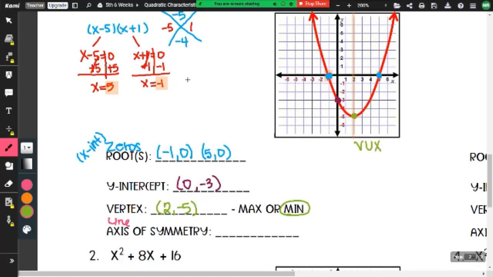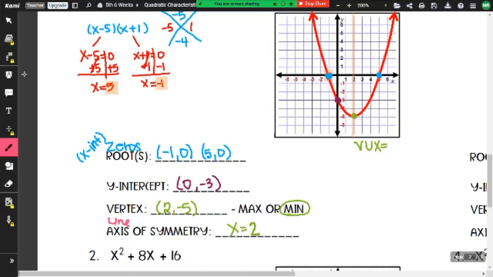Now the U in BUX stood for what? Well, what about the X? Not x-intercept, x equals. So because your axis of symmetry is always going to be a vertical line, it's always going to be x equals. And it's going through what? X equals 2.